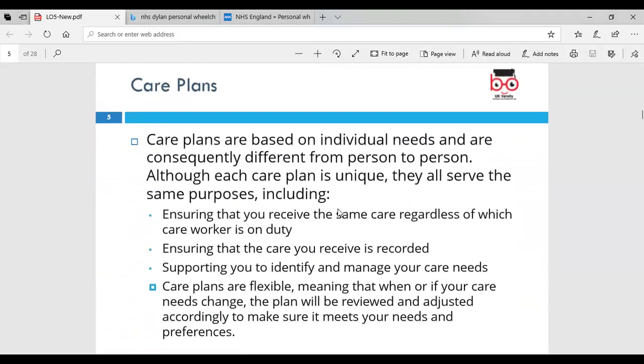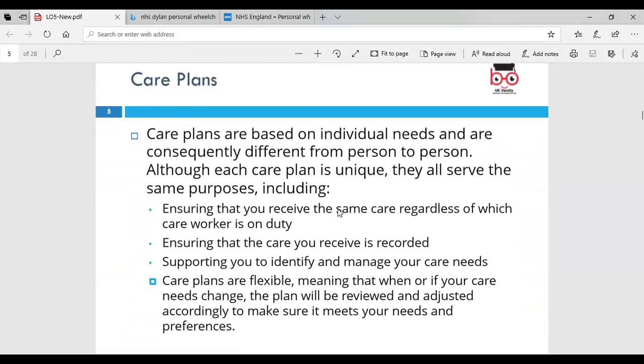Care plans are based on different individuals' needs, and they're different from person to person. One person will have a different care plan compared to another person. It depends upon their age, their gender, their personal circumstances, religion, everything comes into play. So each care plan is unique.